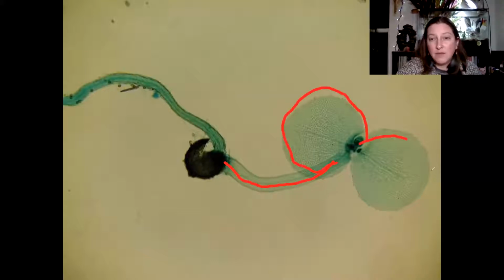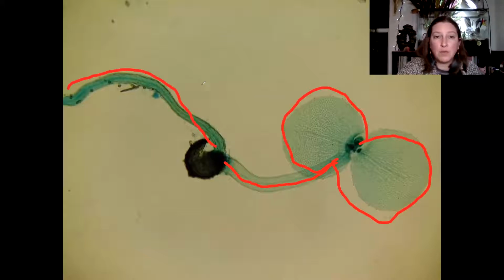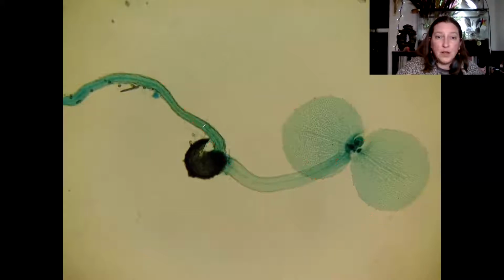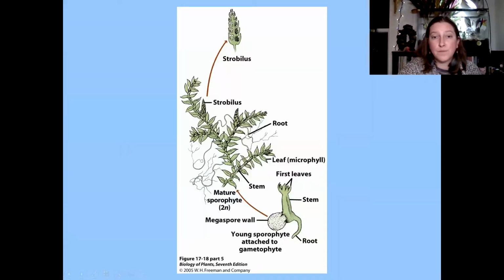Here are the first leaves of the new sporophyte plant. Here's the root of the new sporophyte plant. And then in here, this would have been the megaspore. The female gametophyte plant would have been inside of there with her egg, right? Okay. And this is where we started the whole alternation of generations.